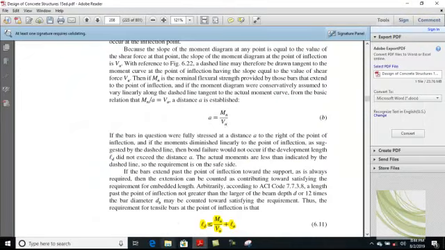So if the bars in question were fully stressed at a distance a, clear?